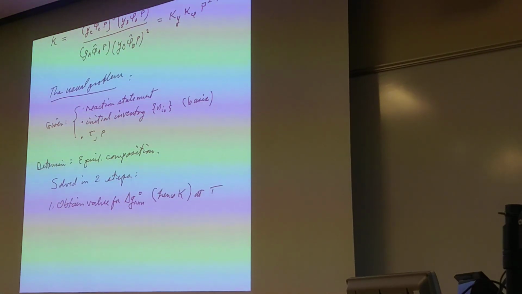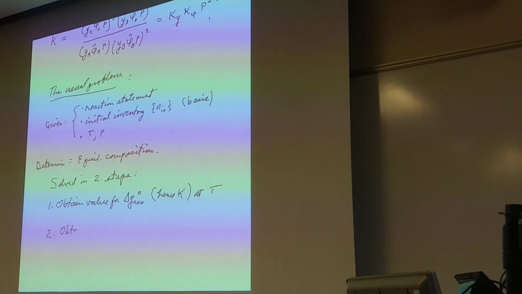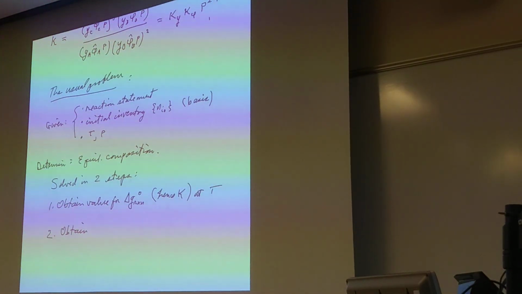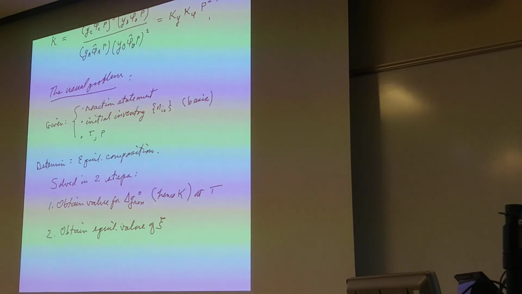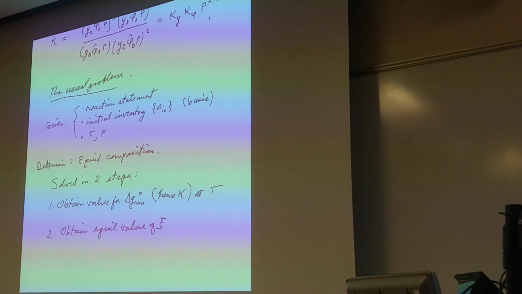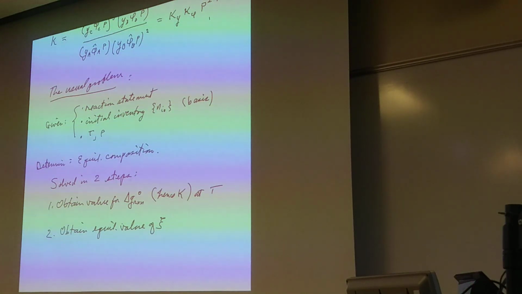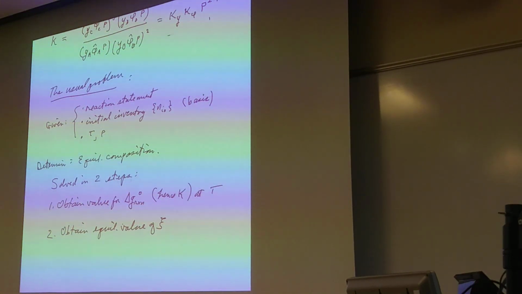And once we've got a numerical value for K, then we can use it, as I've indicated up here, to solve for composition. And the way that's done is to solve for a single variable that describes the entire composition of the system, and that is the equilibrium value of my extent of reaction xi. And once I have that, I can go back and solve for all of the composition that might be of interest. I have, as I've indicated up here, K is equal to this.